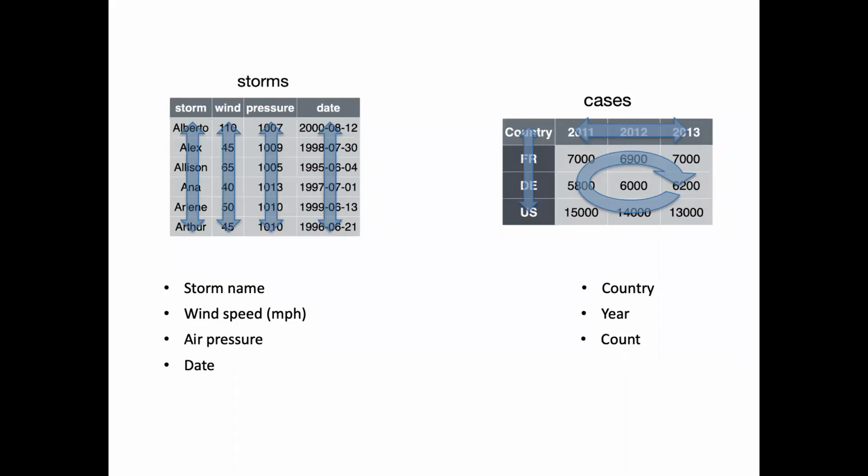So looking at these two lines and shapes in these two tables, we see a distinct difference between the structure of the data sets. Storm structure has variables in all columns, while cases has them arranged in various formats.